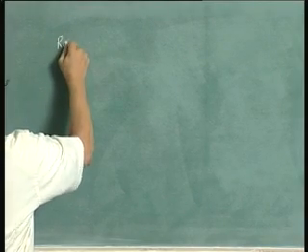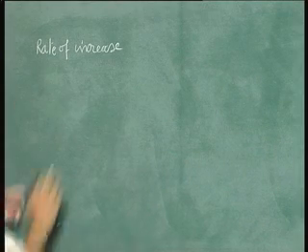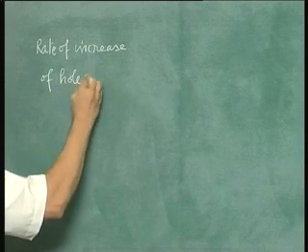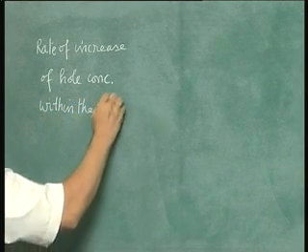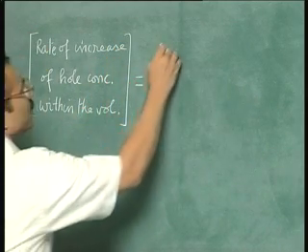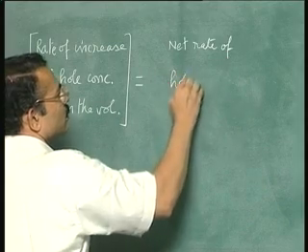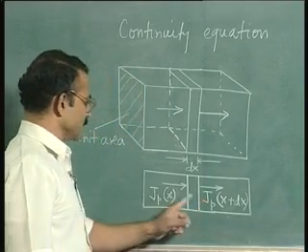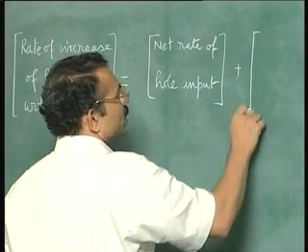So rate of increase of hole concentration within the volume can be written as the net rate of input of holes as described by the difference between these two currents, Jpx plus dx and Jpx, plus any net generation within the volume.